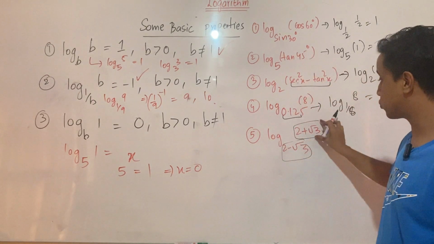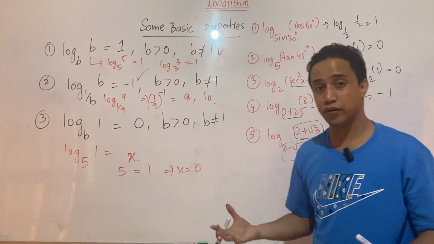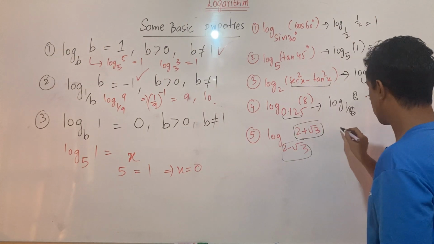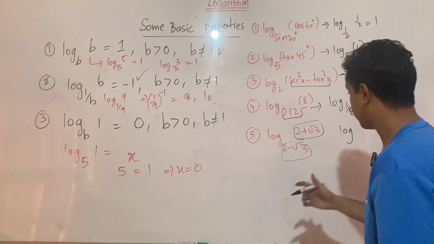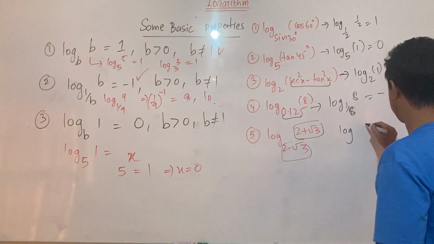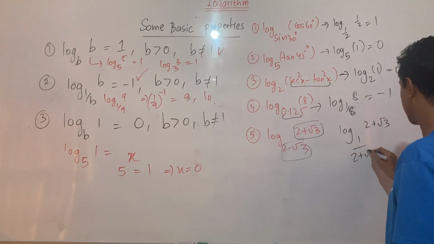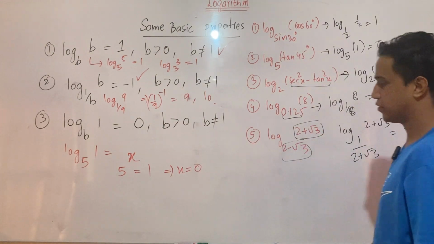Conjugate pairs means that when you multiply these two numbers, the product is going to be 1. So they are reciprocal of each other. So I can write this as 2 plus root 3 here, and here 1 by 2 plus root 3. So it's going to be here minus 1, right?